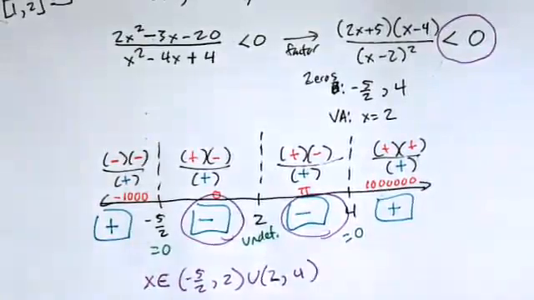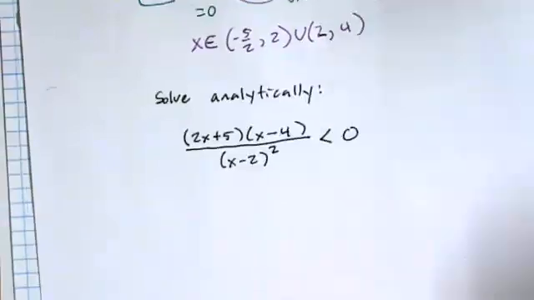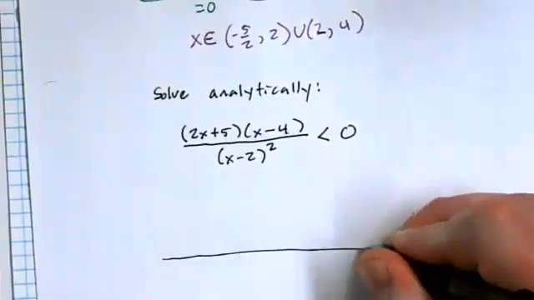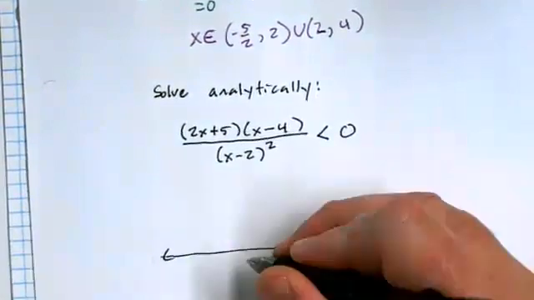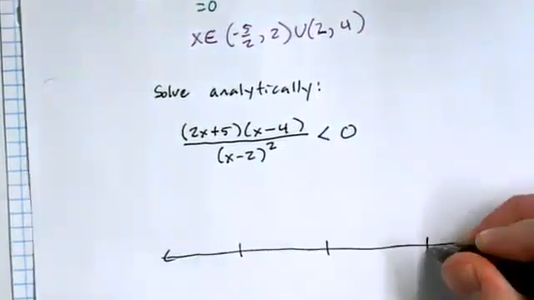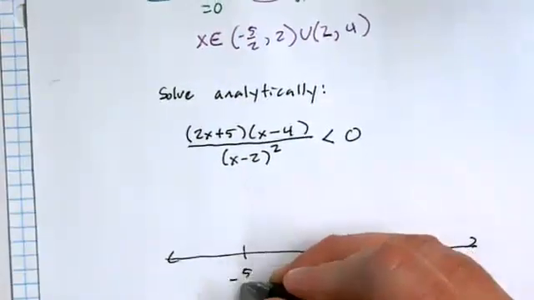You can do this analytically too. Can we talk through that really quickly? This one, I'm just going to go ahead and draw my number line and do my work for it. So the initial work would be the same. We'd still be finding our x-intercepts and our vertical asymptotes, which would be in the same place.